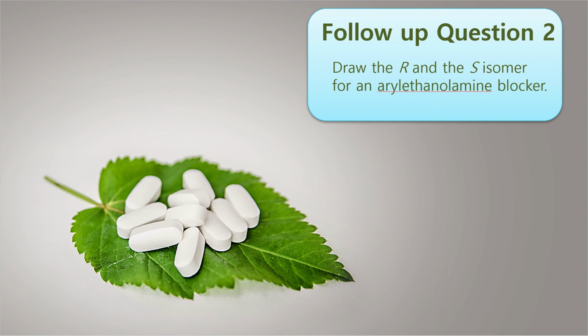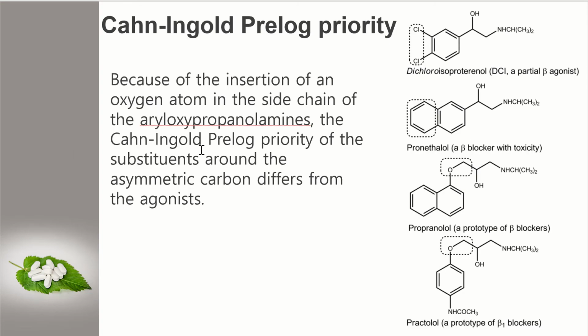So our follow-up question 2 says, draw the R and the S isomer for any aryl ethanolamine blocker, right? So just choose one and draw the R and the S isomer of any of these blockers. All right, so from our chemistry, we're familiar, or should be familiar, with Cahn-Ingold-Prelog priority.